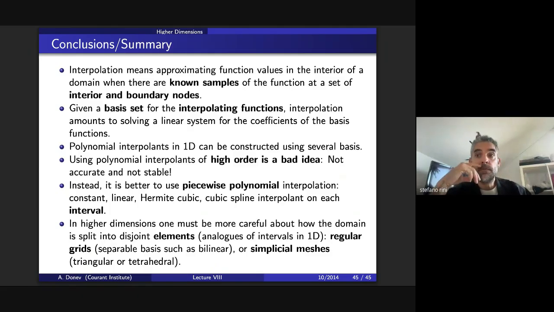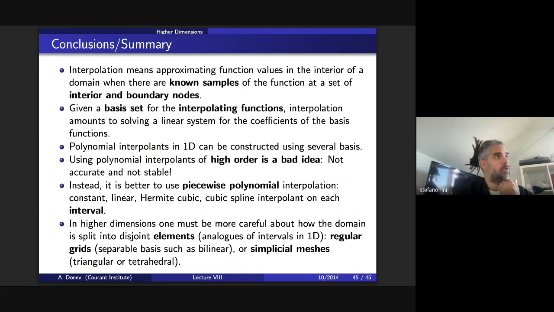So just a conclusion for today. We have known samples, and we want to interpolate, and we can do this with a set of interpolating basis functions. Even if we restrict ourselves to polynomial interpolation, it is usually better to formulate this as a set of orthogonal functions, so we can obtain the coefficients of the polynomial interpolation with a projection operation.